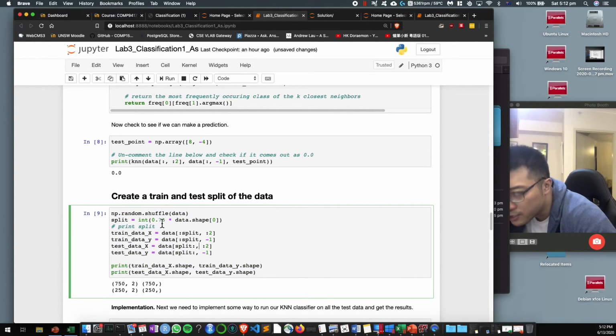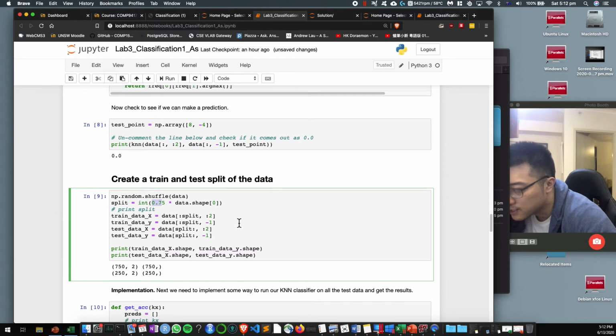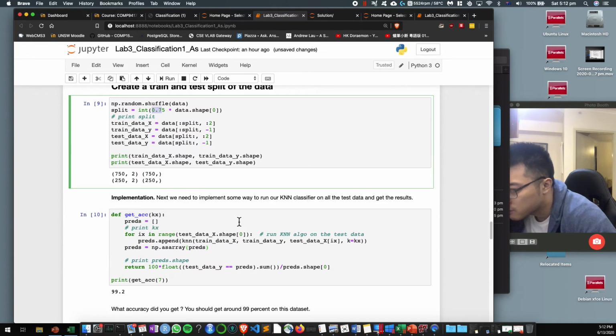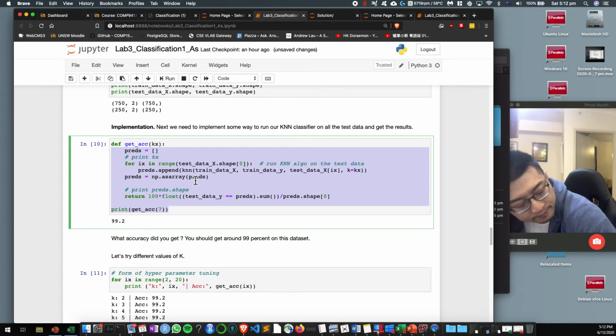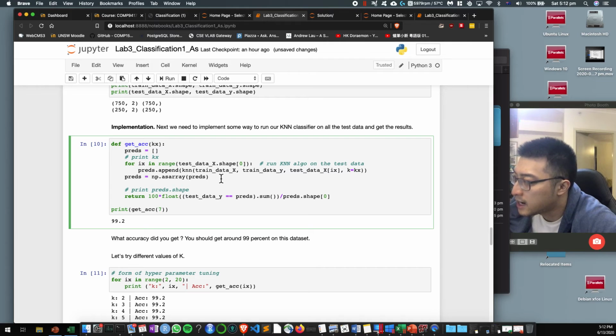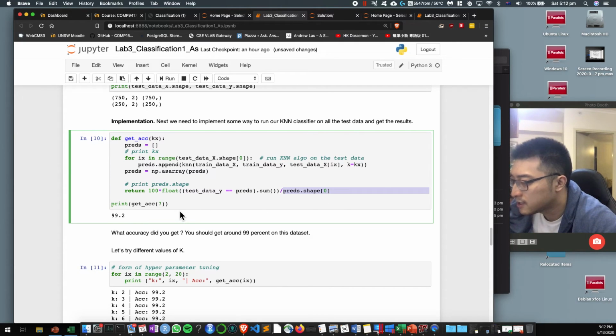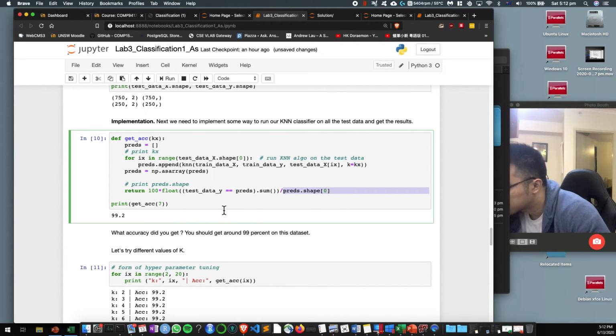So here we're using a pretty standard 75%, 25% training test split. Then we run it through, and the accuracy is the total number of correct predictions divided by the total number of data. So this function just runs through and gives you the number of observations where it was correct divided by the total number of observations, the accuracy, right?